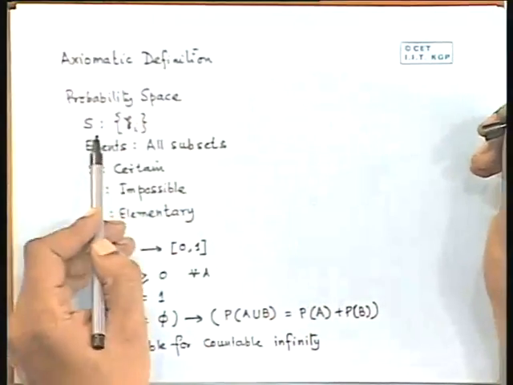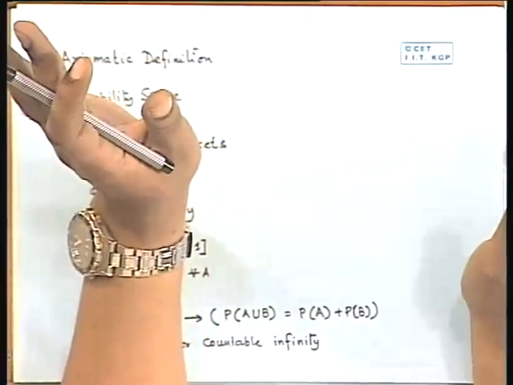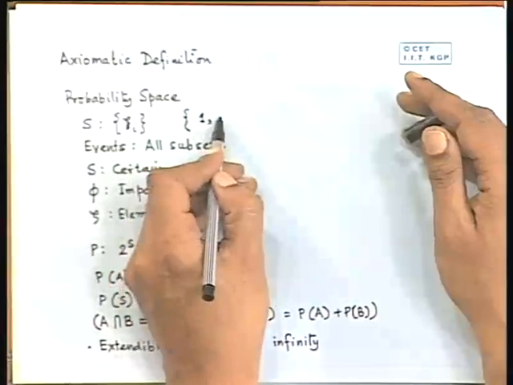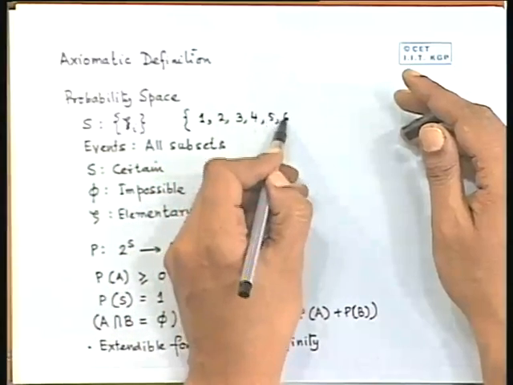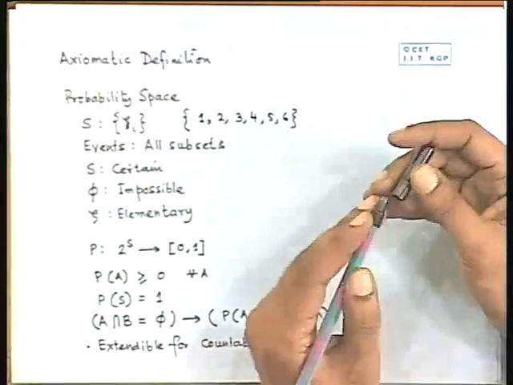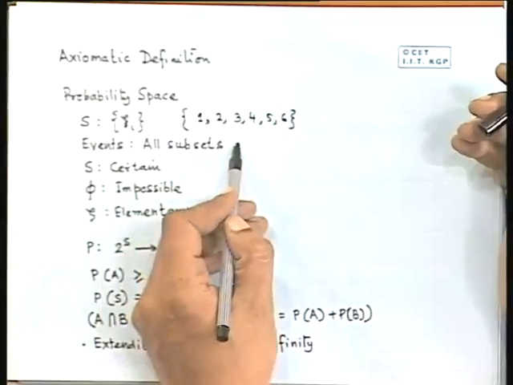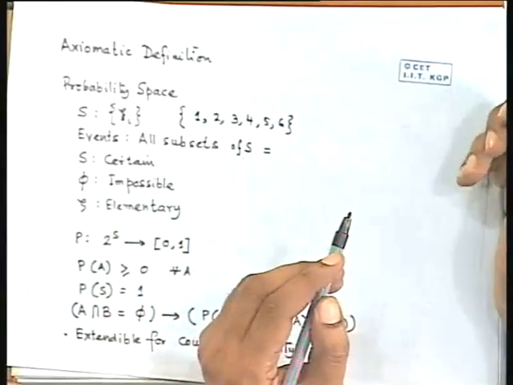So first of all, they will define a set called S, which is the set of all possible outcomes. So if you toss a die, this set is going to be 1, 2, 3, 4, 5, 6. This is your set S. And events are all subsets of S, including the null set.